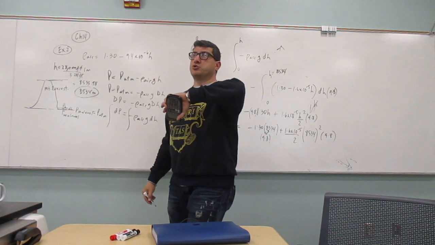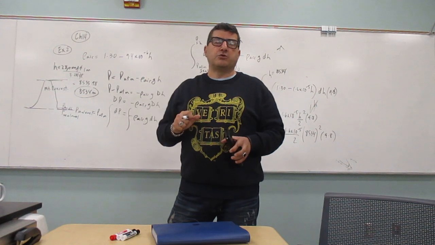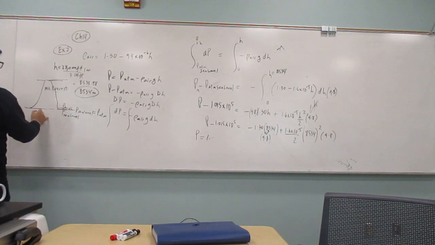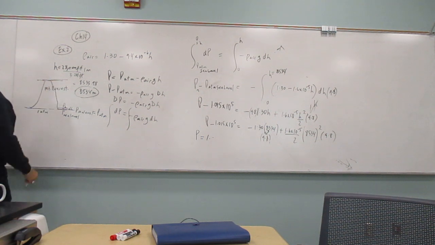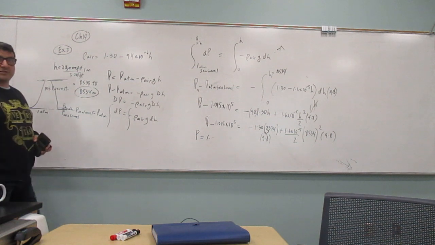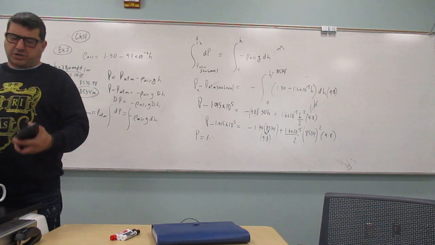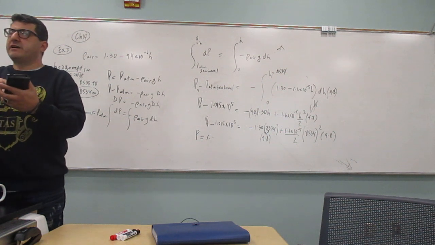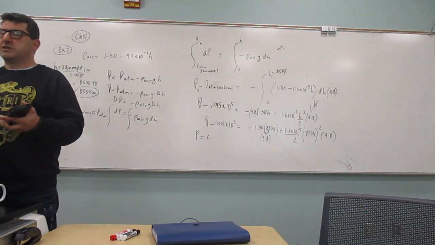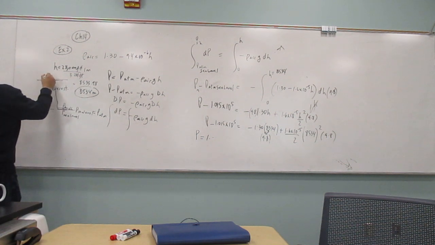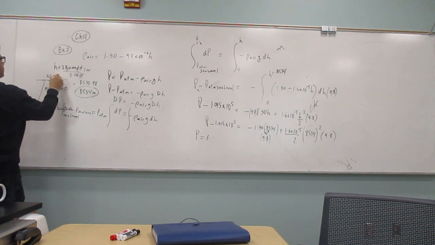Now, the problem could also word it differently. What if the problem said this? The pressure at sea level is 1 atmosphere, and the pressure at the top of Mount Everest, which you can easily Google, is, let's say, 0.82 atmospheres.